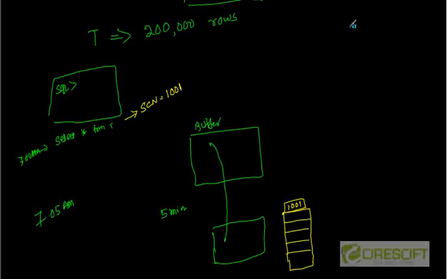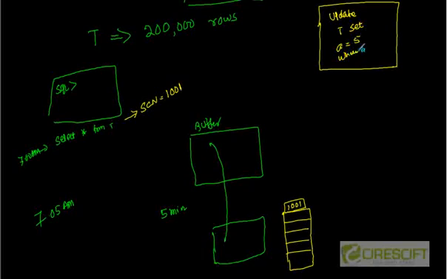Let's say another SQL session gives an update: update table T set A equal to 5 where A is equal to, say, the very last row, 199999.